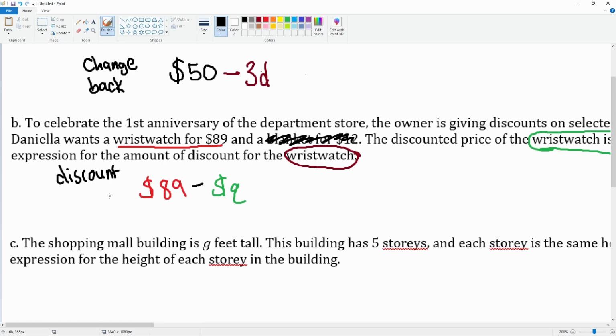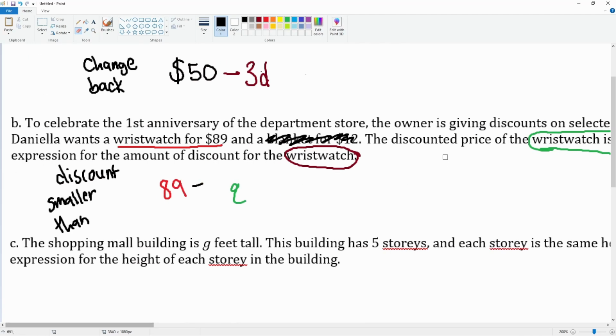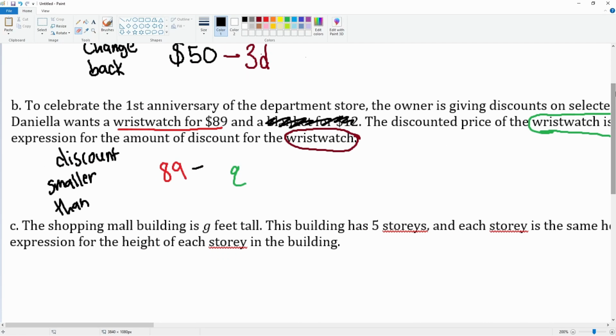Well, your discount value is going to be smaller than the cost. So that's why it is going to be a subtraction. So there you go. That would be your expression. It would be 89 minus Q would be the expression for the amount of discount for the wristwatch.